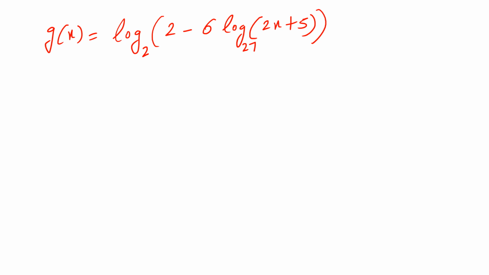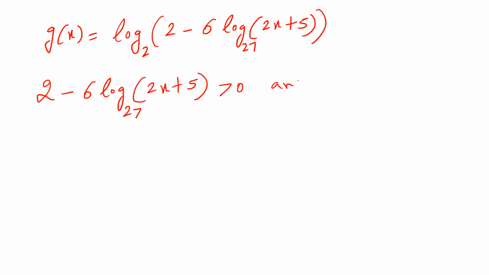Now since there are two logarithmic functions involved, the inputs of both of them must be positive. So from here we get 2 minus 6 times log of (2x plus 5) to the base 27 greater than 0, and 2x plus 5 is also greater than 0 because 2x plus 5 is acting as an input of the innermost logarithmic function.